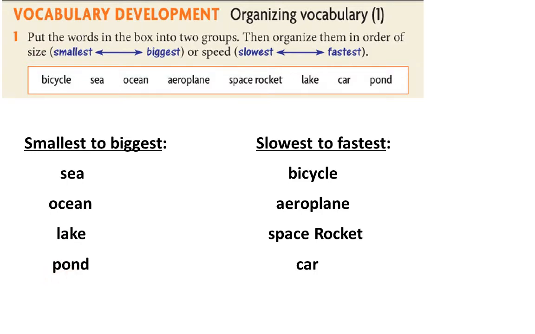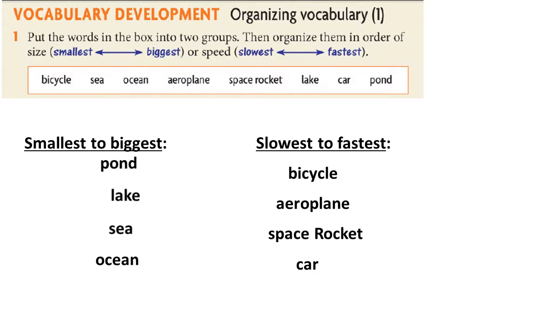So the smallest should be pond. After pond we have lake. It is smaller than sea and ocean. Then sea, then ocean. So the order according to size is pond, lake, sea, and ocean.